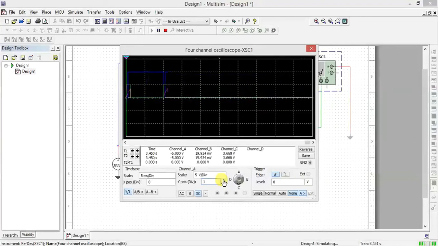The pulse is there, and the scale division I will make 5. Then for the next channel, channel B, the capacitor voltage, let it be here in the middle. Now coming to channel C, I will make the position go down.